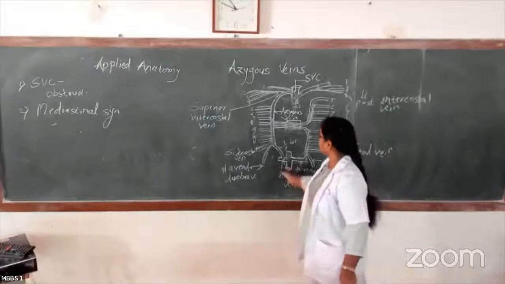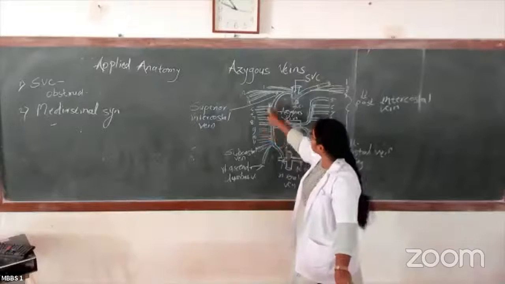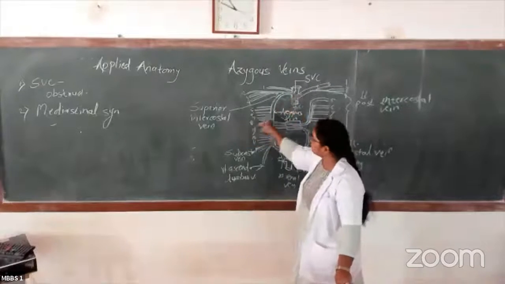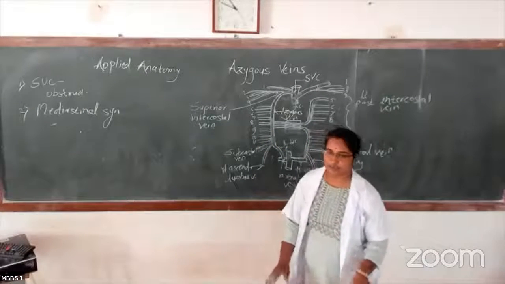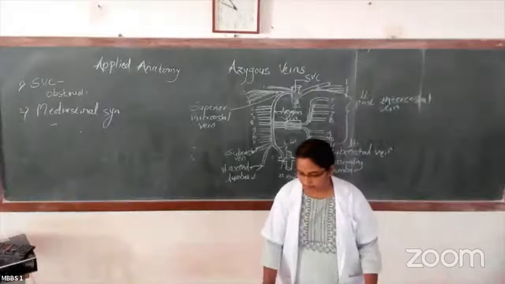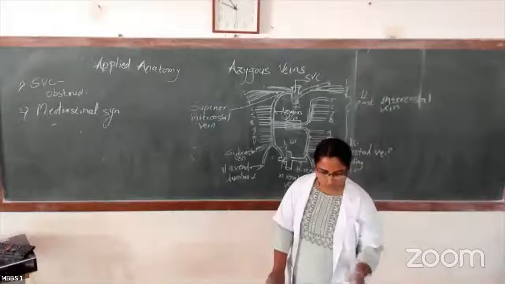So what is important? The formation of it, then course of it, and termination along with the tributaries. It's very simple. It is not so complicated and also a shortcut topic. So here the topic ends.